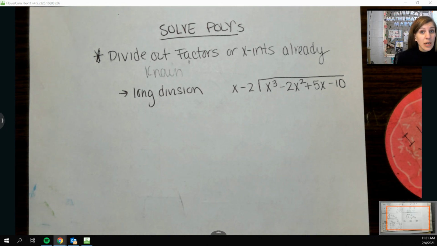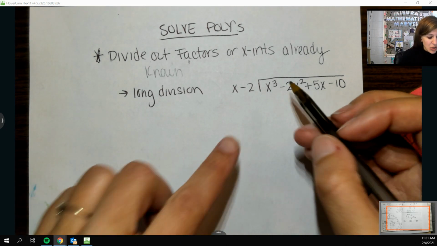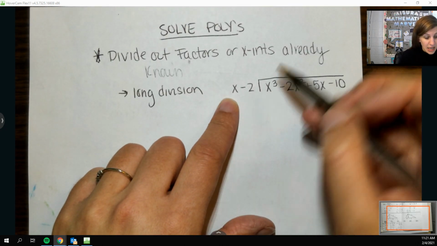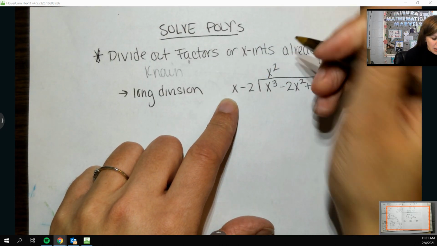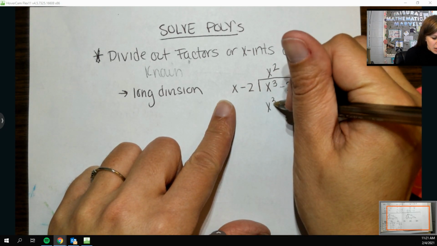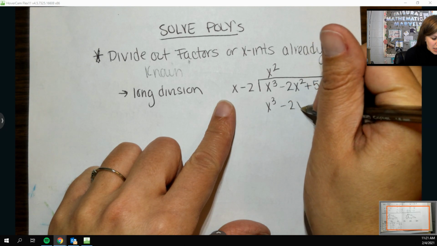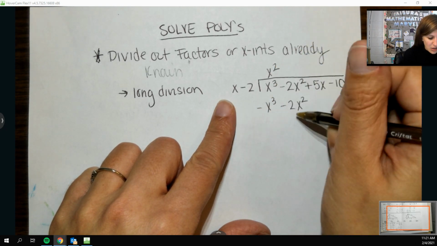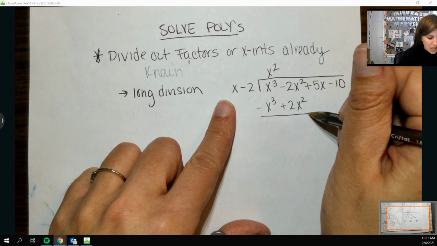And we're just straight up doing long division. So I'm thinking, how many times does this go into that? And it's x squared times. And then I have to multiply this by all of that. So x to the third minus 2x squared. And then we have to subtract everything. So double subtraction makes that a plus.